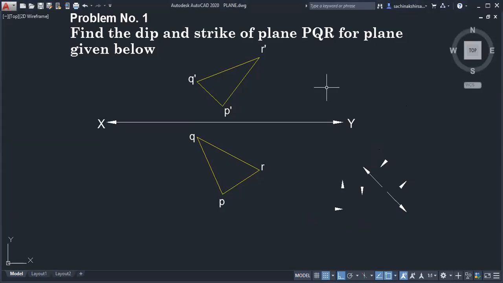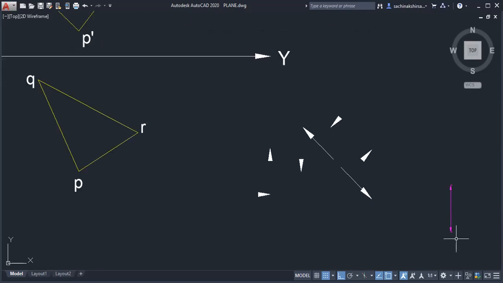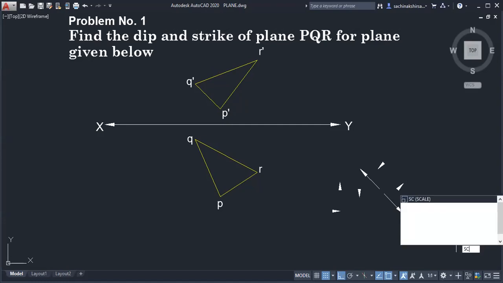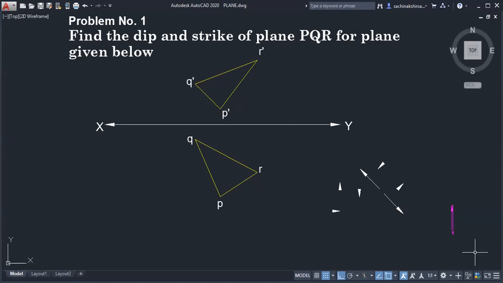Draw the front view and top view of the plane. A similar structure you can draw, not exact, no issue.